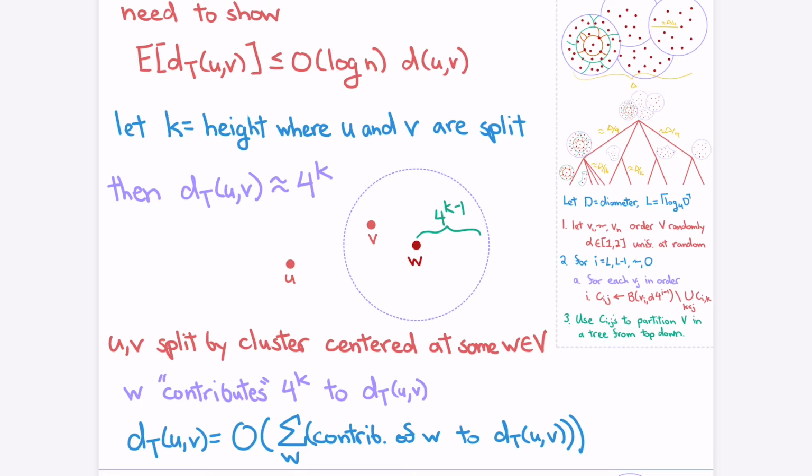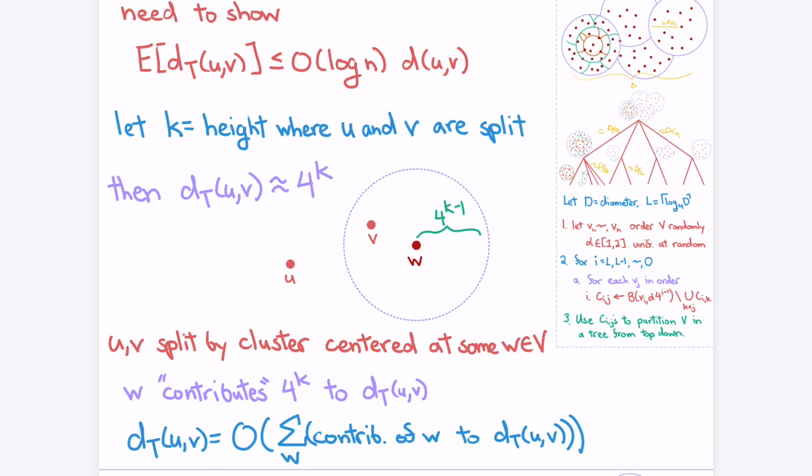In that picture, W is contributing 4 to the K or 4 to the K minus 1. So if we can analyze for any particular vertex its expected contribution, then maybe it'll sum up to something close to what we're looking for. That's the approach we're going to take.